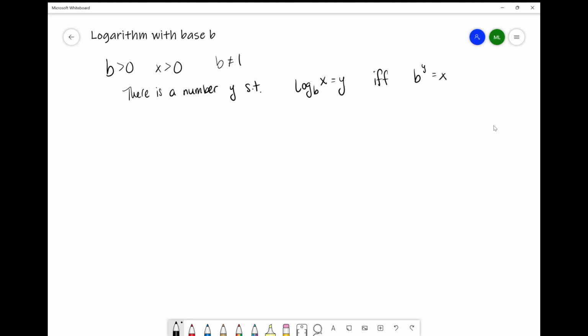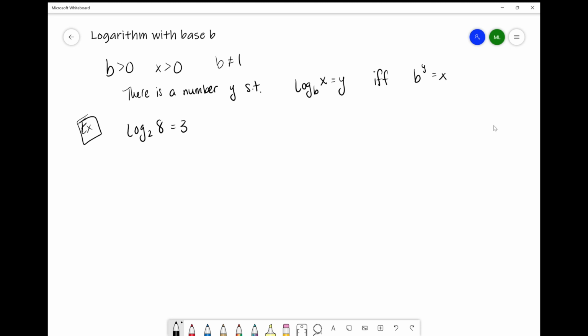So let's look at an example here. If I have log base 2 of 8 is equal to 3.